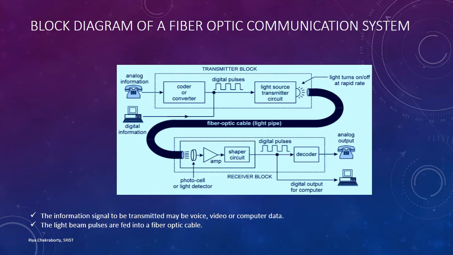The pulses are amplified and reshaped back into digital form, and they are fed to a decoder where the original video or voice is recovered. You see it in the diagram. So, in this way we can get the original video or voice. I think this is clear to all.